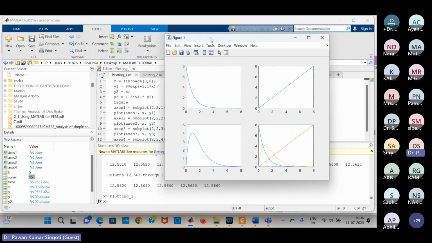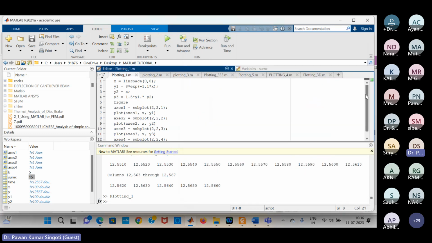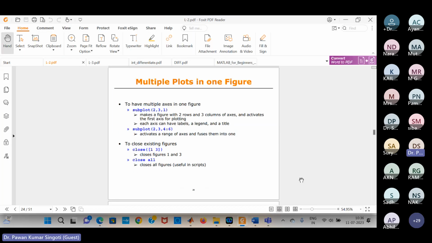This is subplot 2, 2, 1, subplot 2, 2, 2. Then this is subplot 2, 2, 3. This is subplot 2, 2, 4. 1, 2, 3, 4 like this. These are the positions. So this subplotting is also possible in MATLAB.